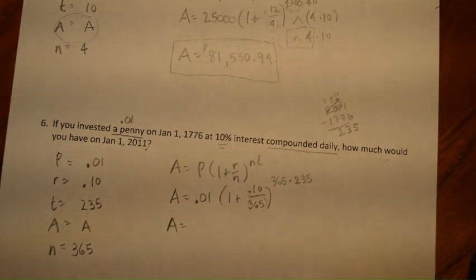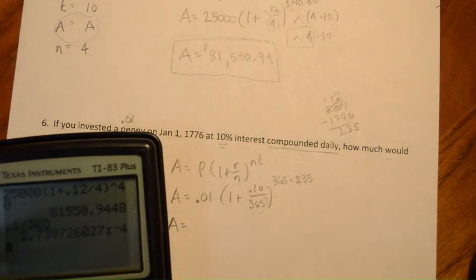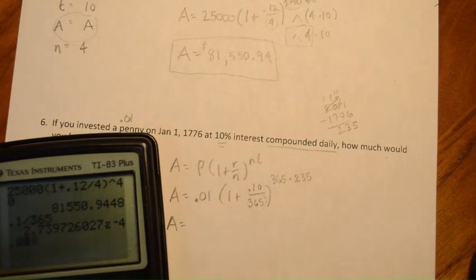Take the time to enter this into your calculator just to see if you're right. I'm going to do it also. So 0.01 times 1 plus 0.1 divided by 365, close parentheses, exponent.